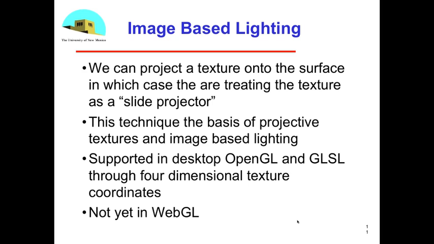One technique that's not quite yet in WebGL, although I think you could probably create this yourselves by just coding it and not expecting the functions that were in desktop OpenGL to be there. What this thing did is use 4-dimensional textures, but the idea was very simple: think of a shadow as some sort of projection coming out of a slide projector.